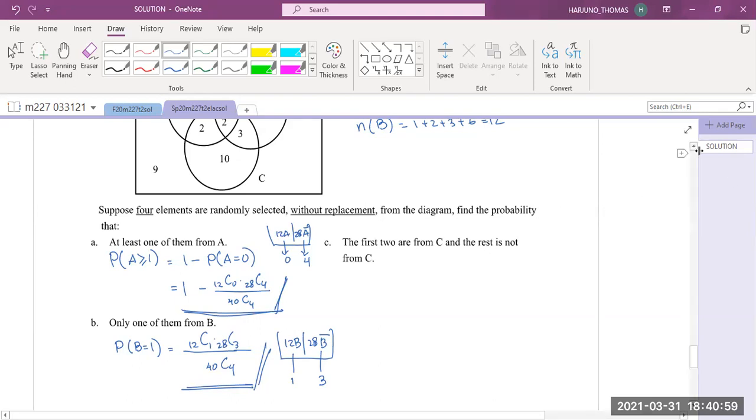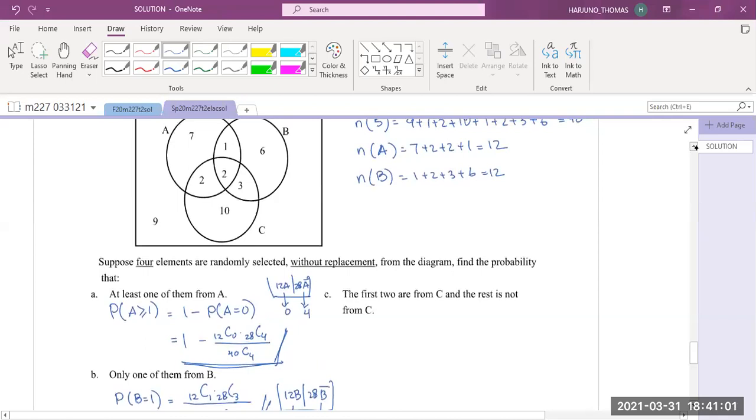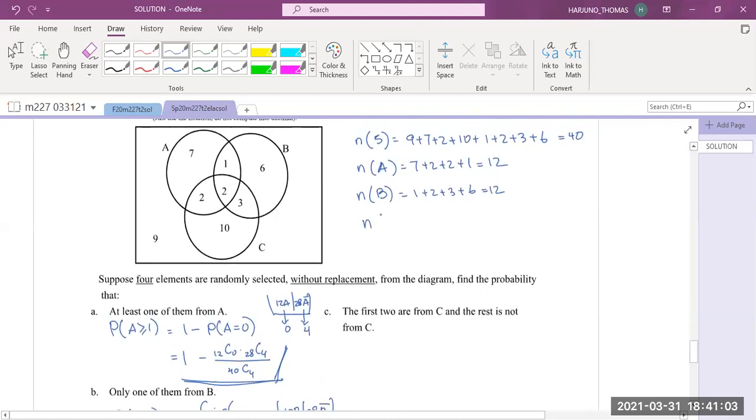The probability for part C, the first 2 are from C. So how many C's? That's 2 plus 2 plus 3 plus 10, that's 17. So there are 17 in C, 23 not in C. But here the order is important, so we cannot use combination.